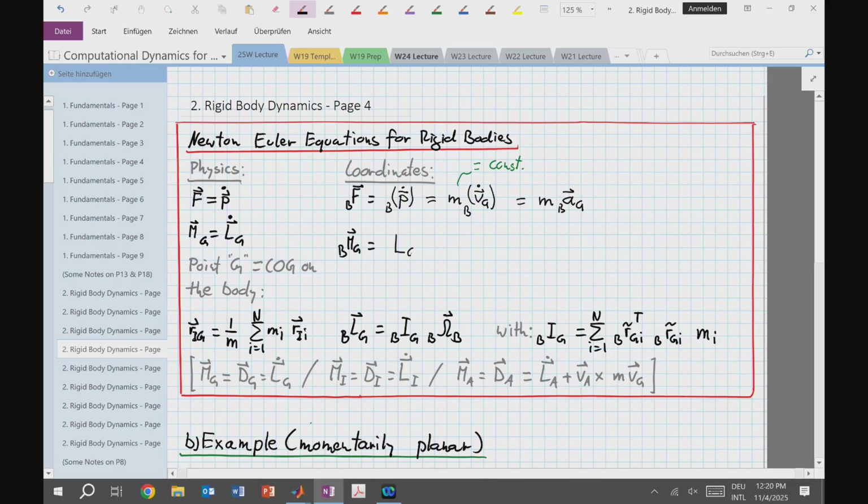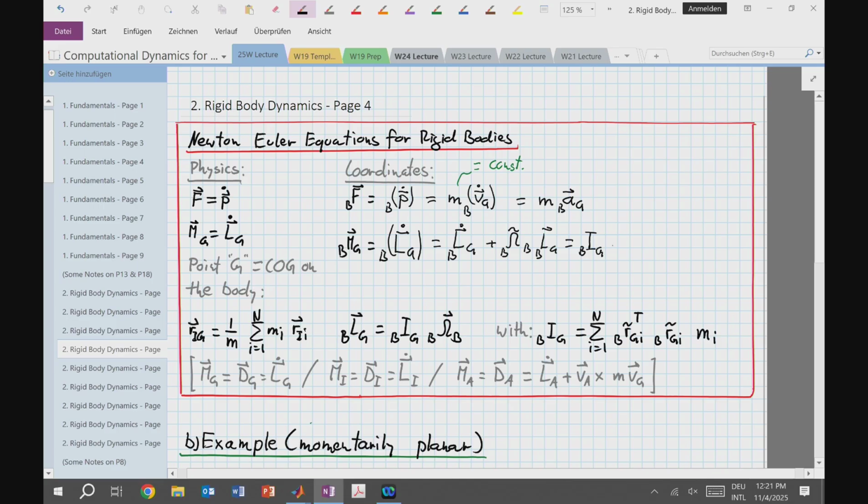For rotations, when I write this down, I have to be careful to carry the parenthesis, which gives me the numerical change of the angular momentum plus the effect that comes from the changing coordinate system. And I can now express that in terms of angular accelerations and angular velocities by using the inertia matrix.